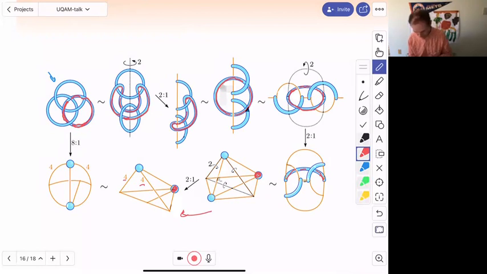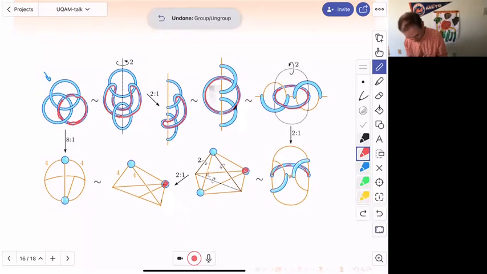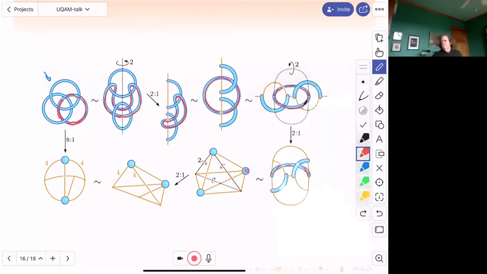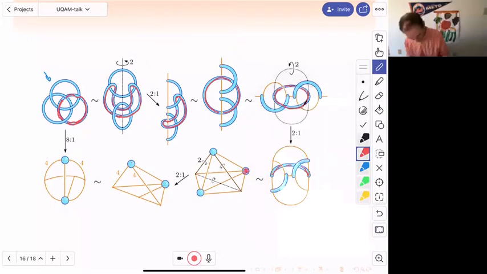Sorry, I did one of these colorings wrong. Oh yeah, no, sorry, I should have done this one up here and this one up here.